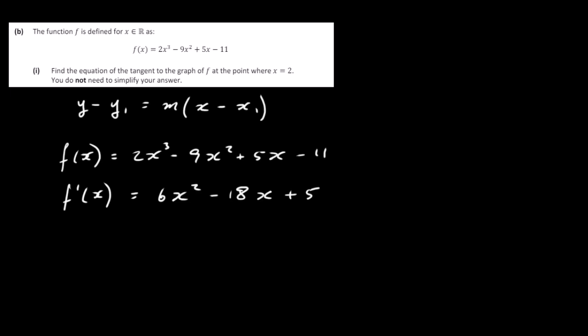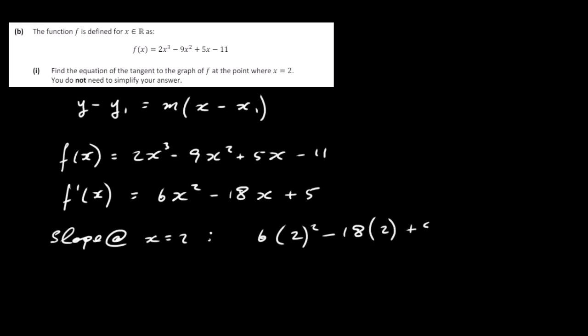Now we want to find the slope of the tangent where x is equal to 2. So the slope at x is equal to 2 will be 6 times 2 squared minus 18 times 2 plus 5. When you do that, you get minus 7. Okay, so that's the slope of our tangent.